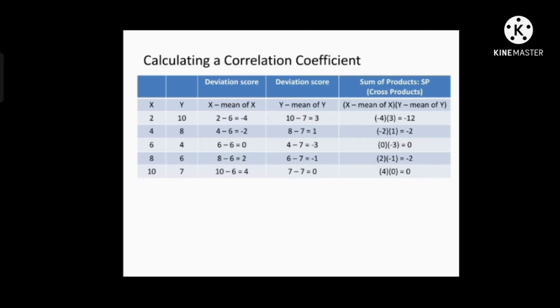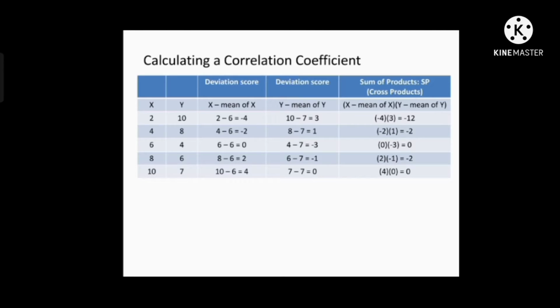As you can see, the mean of x has already been solved. The mean of x is 6, and the mean of y is 7.